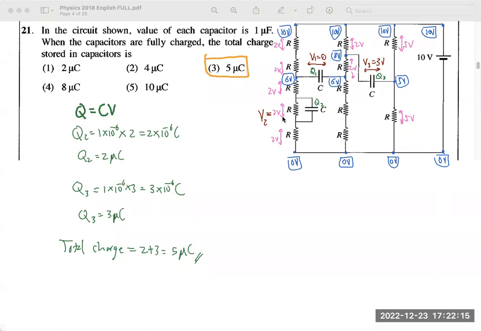So Q equals CV. Okay, this is 0, right? No change, because 6 here, another 6 here. Yeah, 6 and 6, 0. So I'm getting third as the answer.